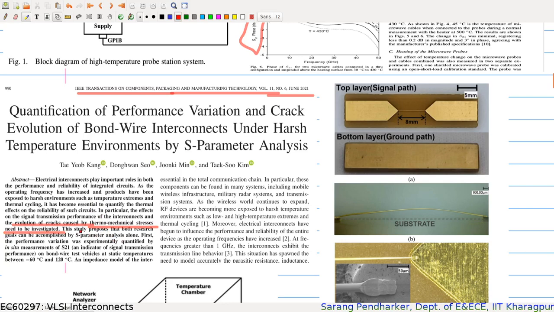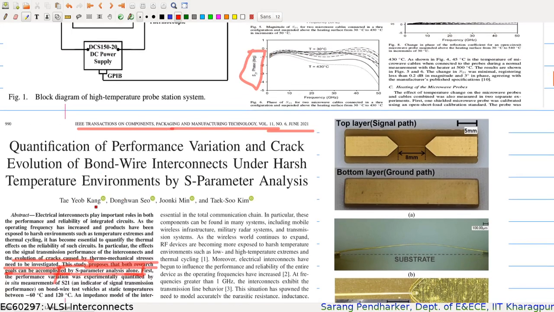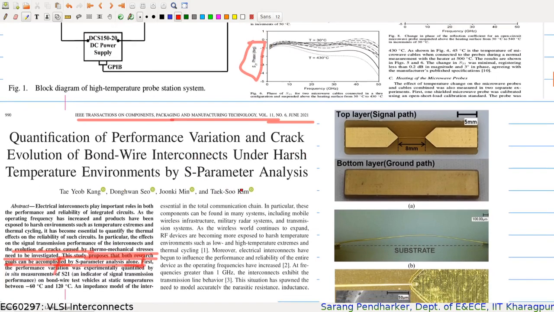This study proposes that research goals can be accomplished by S parameter analysis alone. In microwave also we know that S parameters can characterize a network completely. So with S parameter measurements, they are trying to analyze this crack.